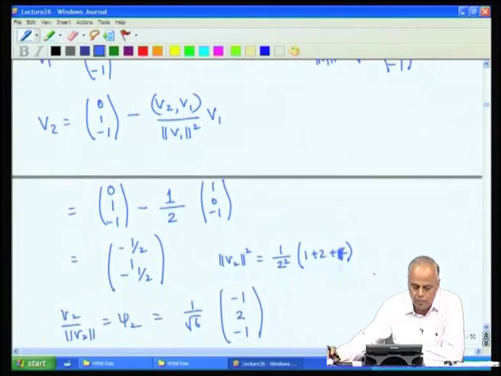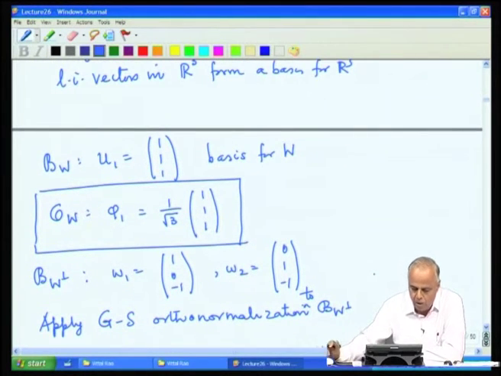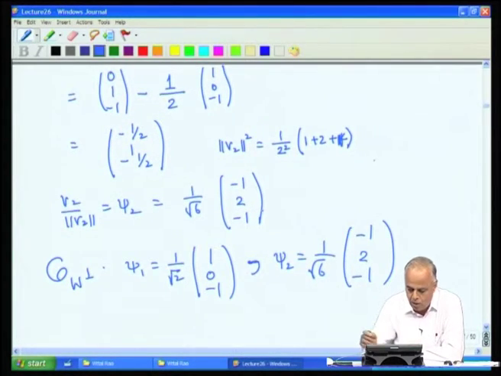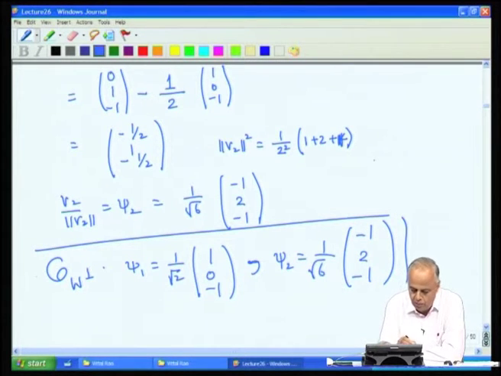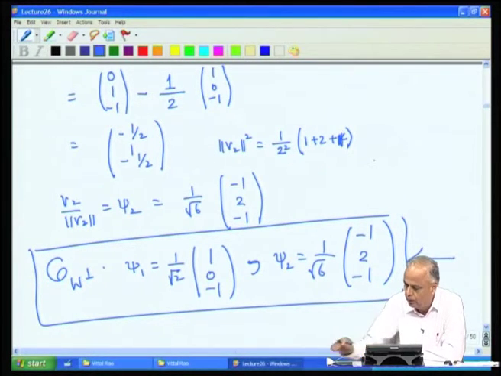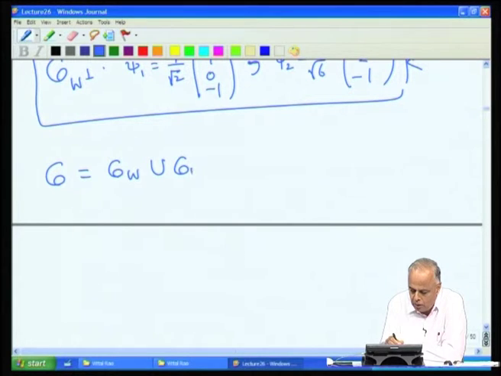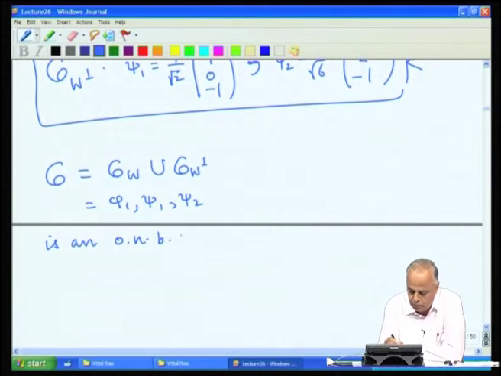So, phi 1 was our orthonormal basis for W, and now we have the orthonormal basis for W perp. Now, if you put these two together, O equal to OW union OW perp, which gives me phi 1, psi 1 and psi 2, this is an orthonormal basis for R 3.